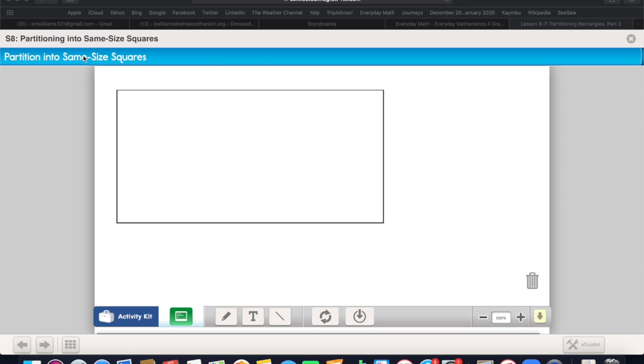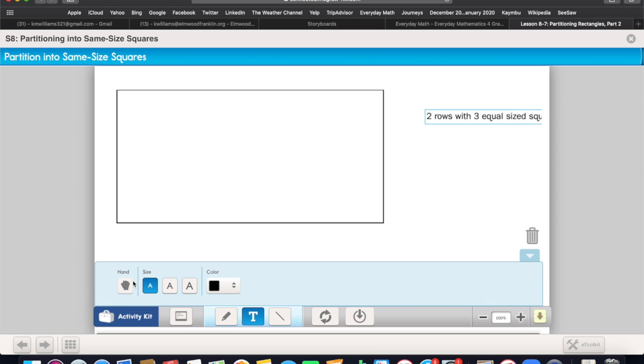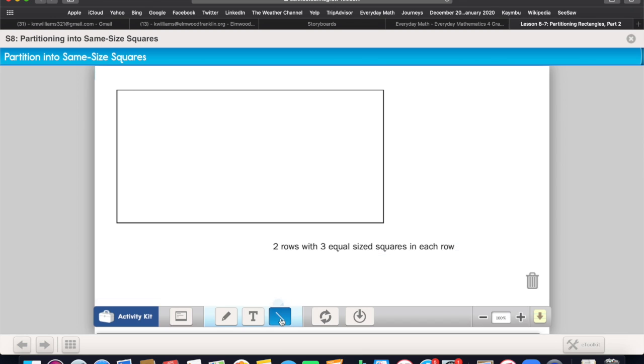So if I was asked to cover this rectangle in 2 rows, let's type that out. 2 rows with 3 equal-sized squares in each row, I have to think about how I want to break my rectangle up. So take a minute and just look. How do you think we might break this rectangle up? We have to make 2 rows with 3 equal-sized squares in each row.